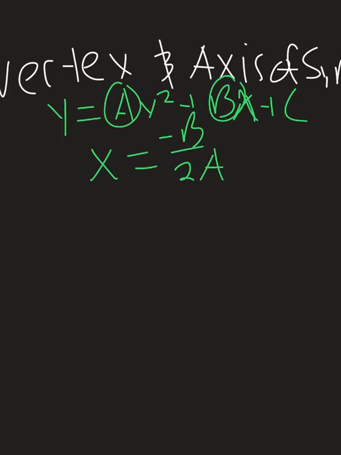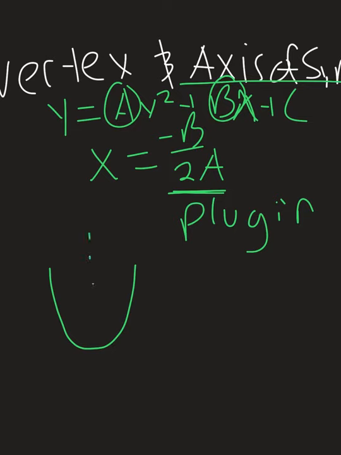So for the intents of this video, to keep it short, I'm not going to go into it, but there is a good reason as to why this formula comes in. Now, if we want to figure out the actual coordinate, the y value, all we have to do is plug in this value after we've solved or simplified this expression. Now, the axis of symmetry, if you think about a parabola, it has that line of symmetry, so the axis of symmetry also is that x-coordinate. It's the middle of our parabola.